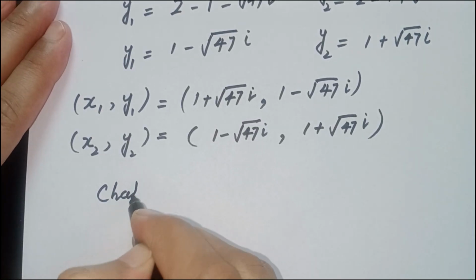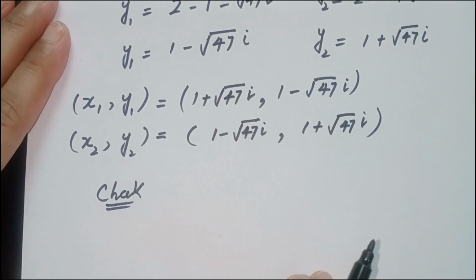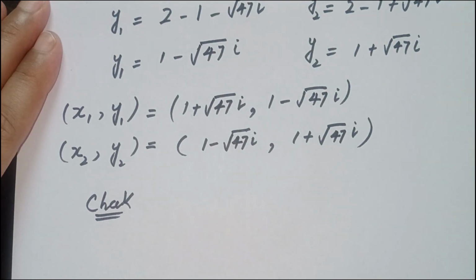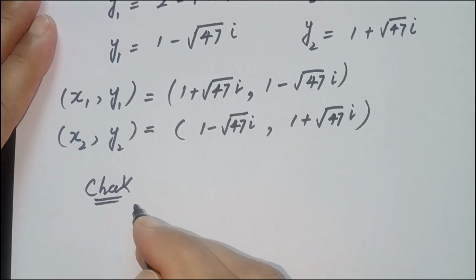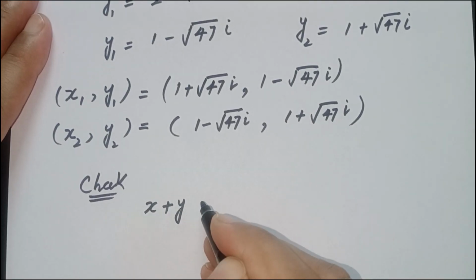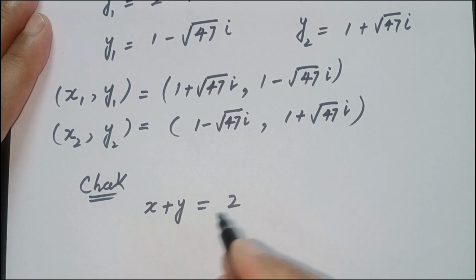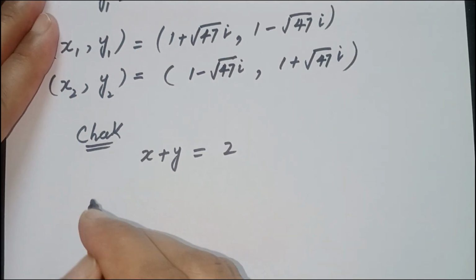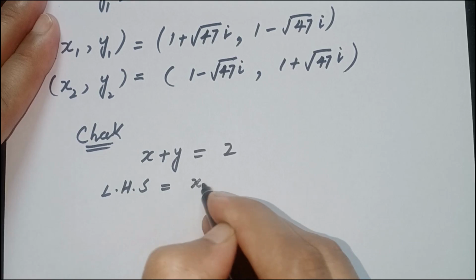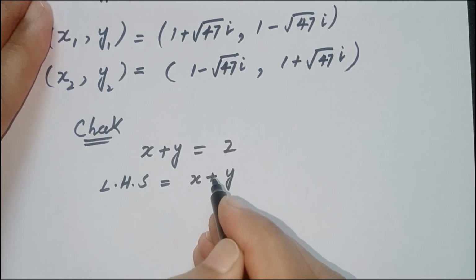So now we need to check our equation. We will check these values. X plus y is equal to 2. So we will use the first solution set, and we will write left hand side is equal to x plus y.